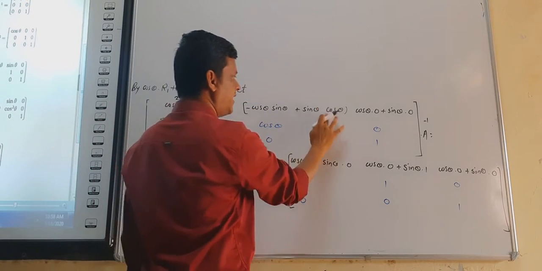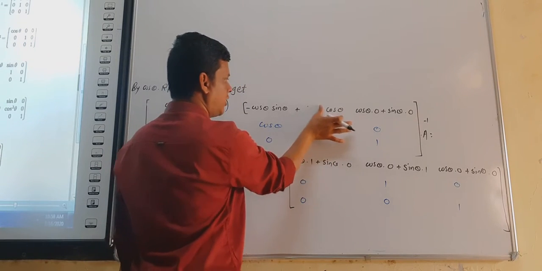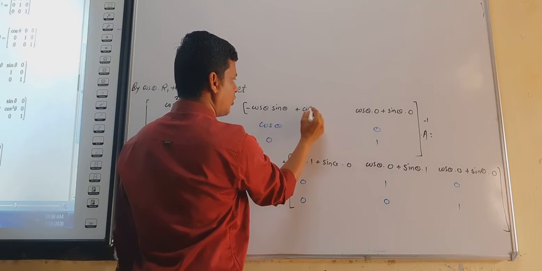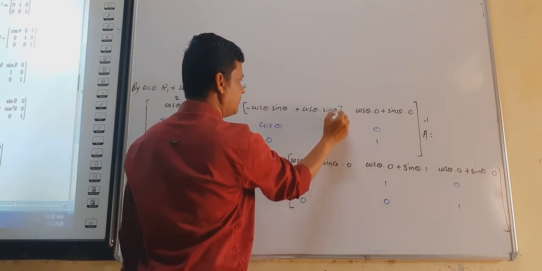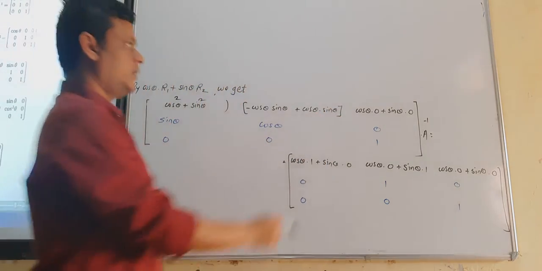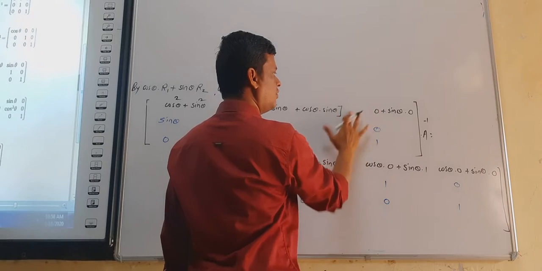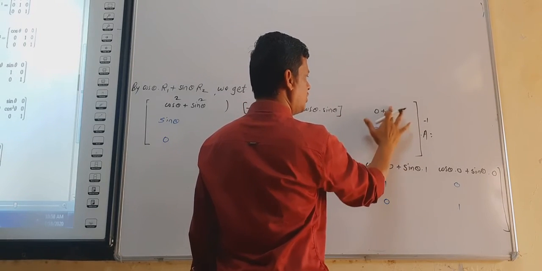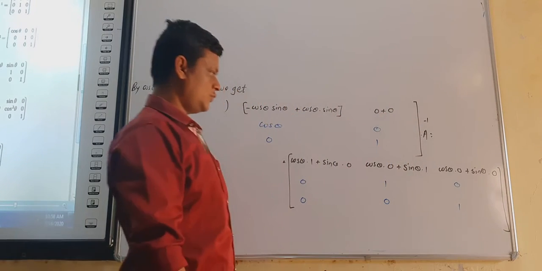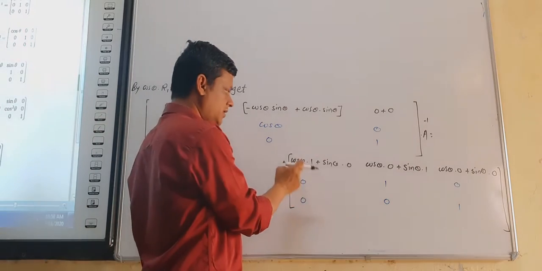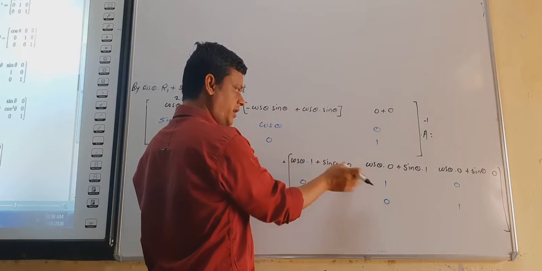And this plus sin theta into cos theta, which we also write as cos theta into sin theta. Now cos theta into 0 is 0, sin theta into 0 is 0. In the same way on RHS, cos theta into 1 plus sin theta into 0.